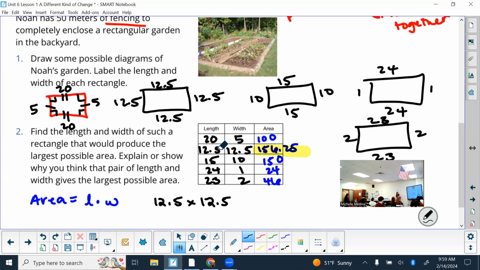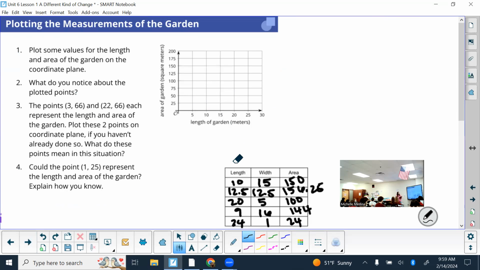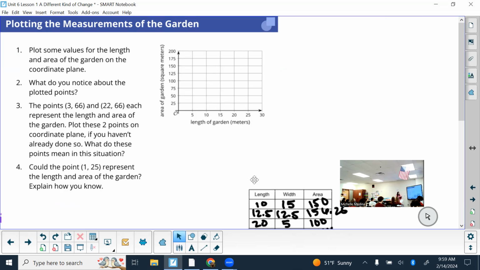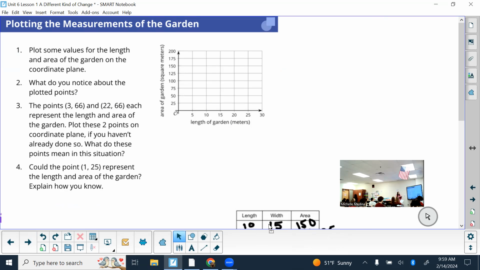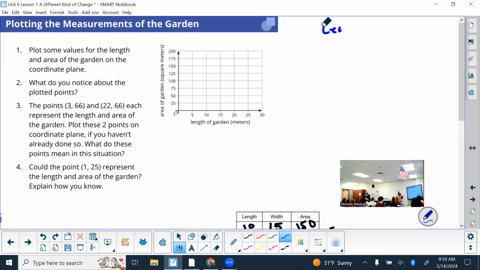So you're going to use your table that we made, and you're going to now graph these coordinates on this next coordinate plane. Ignore this one, because this was the one my first hour had. I'll snip it, but you have it on the front of your page. It wants you to plot some values for the length and the area.